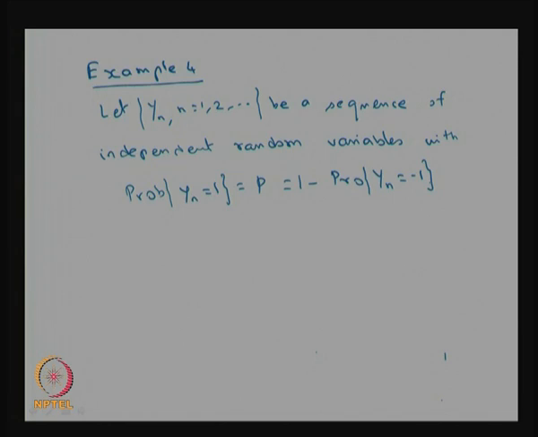We have a stochastic process and each random variable is an independent random variable, and the probability mass function is provided with this situation. The probability of Y n takes a value 1 is p. You can assume that p takes a value from 0 to 1, that is the same as 1 minus the probability of Y n takes a value minus 1, for all n.